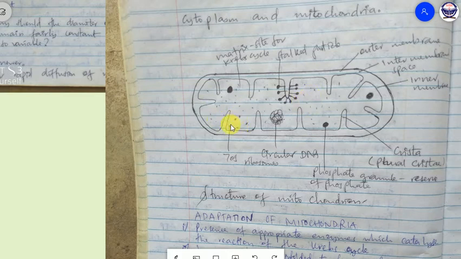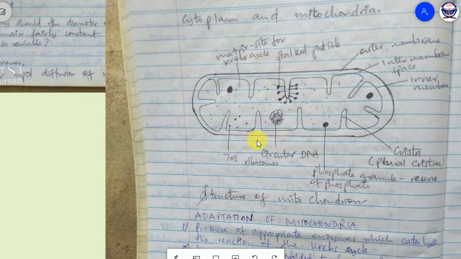We have the free 70S ribosomes, and then the circular DNA. The presence of the 70S ribosomes and the circular DNA accounts for the prokaryotic nature of mitochondria. So mitochondria are somewhat prokaryotic in nature because of the presence of 70S ribosomes, similar to those present in the prokaryotic cell, and the circular DNA.